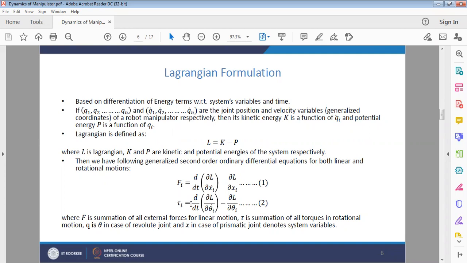So this is the equation: d by dt of (dou L by dou xi dot) minus dou L by dou xi. This is used for calculating the force, and tau for calculating the torque. So this is the second relation.